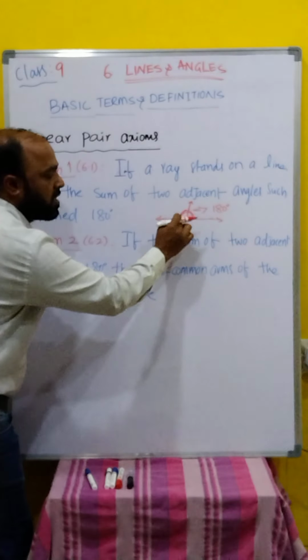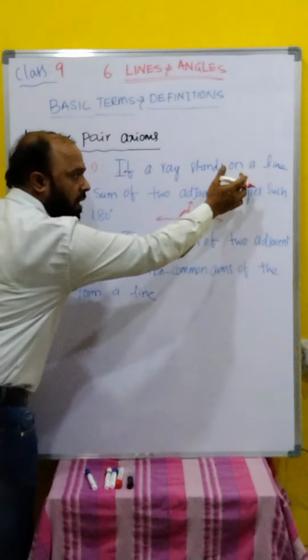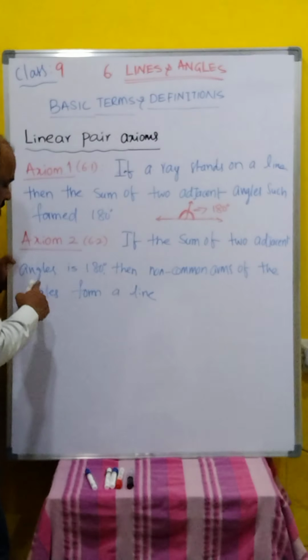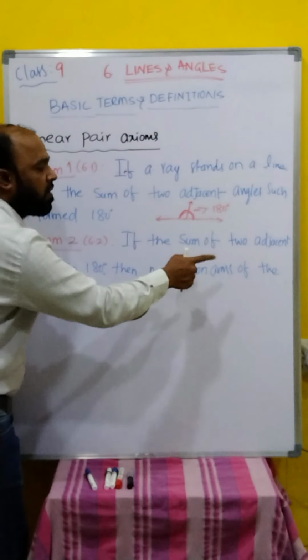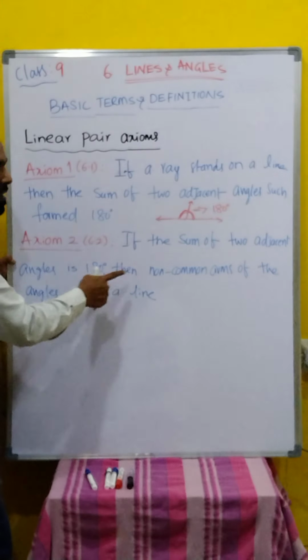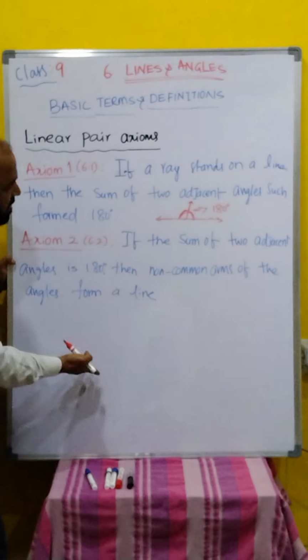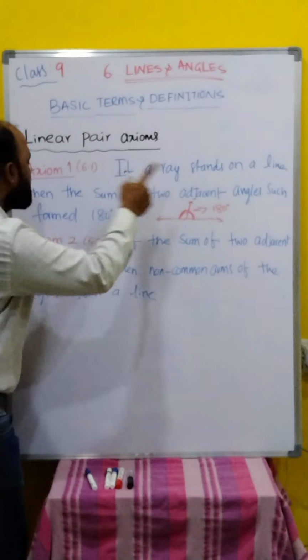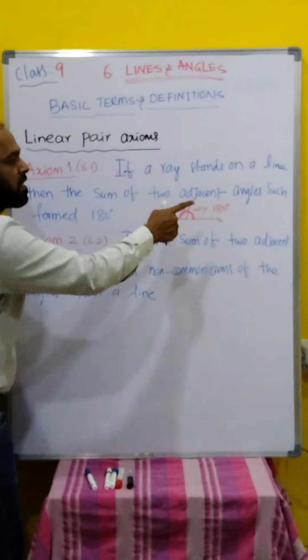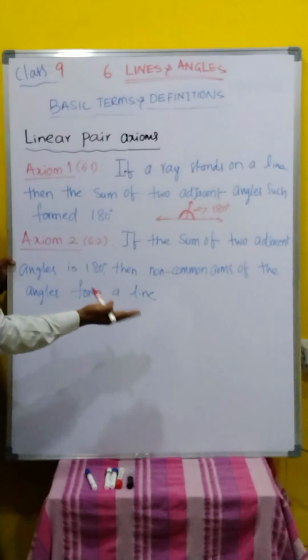Both are vice versa. It is a universal truth. And before that, if a ray stands on a line, then the sum of the two adjacent angles so formed is 180. Clear, children? Both are exactly vice versa.